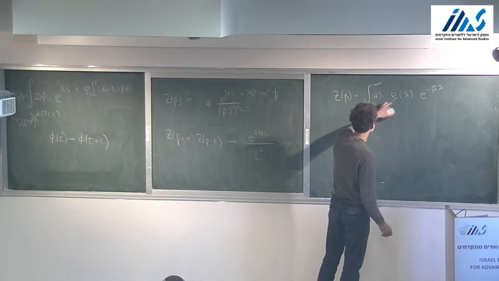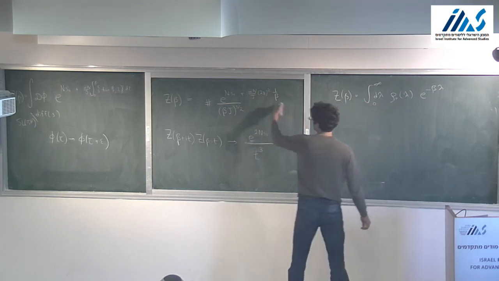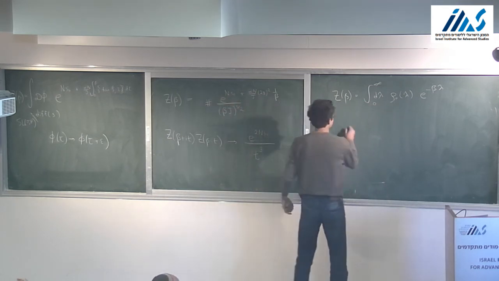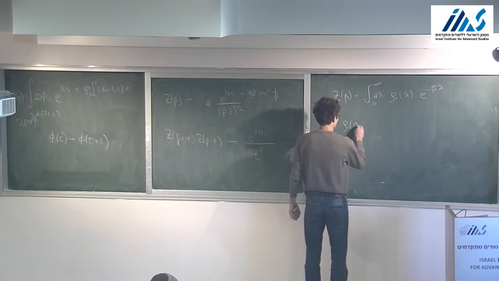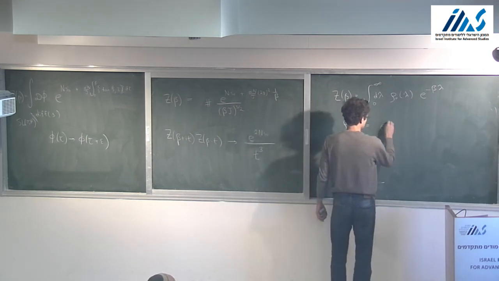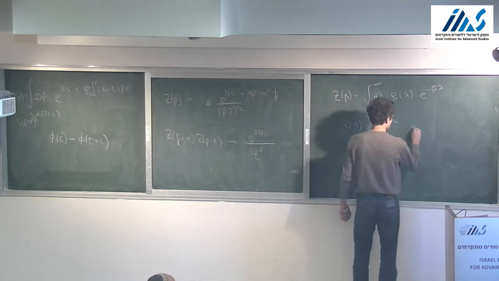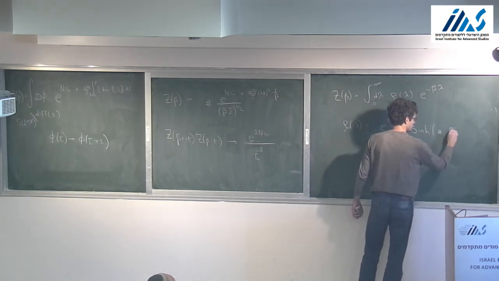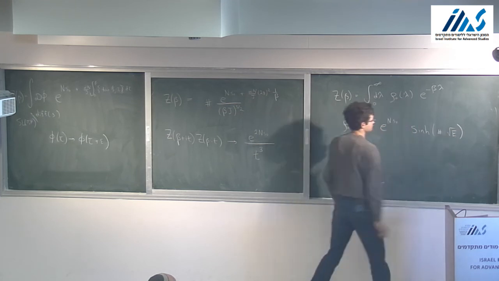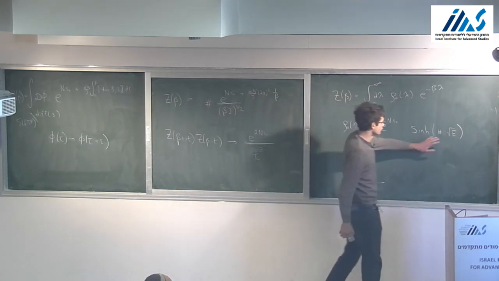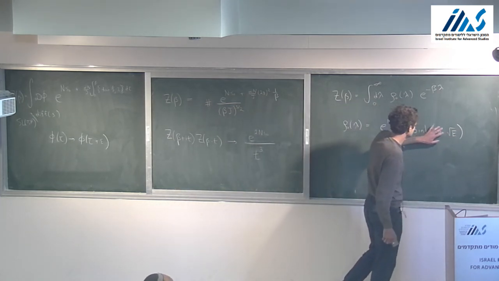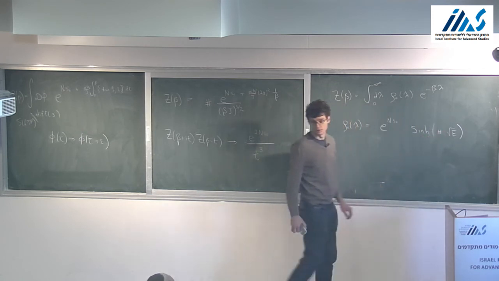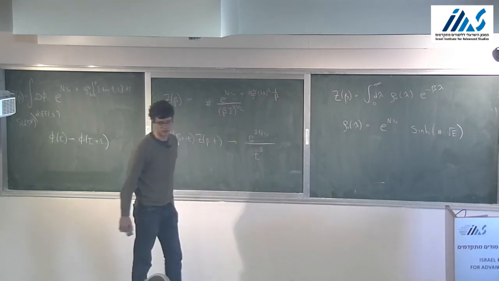You can compute this function rho naught of lambda by doing an inverse Laplace transform of this expression, and you find rho naught of lambda is e to the n s naught times sinh of some number times square root of e. So for e near 0, this vanishes like a square root, just like for the GUE ensemble.